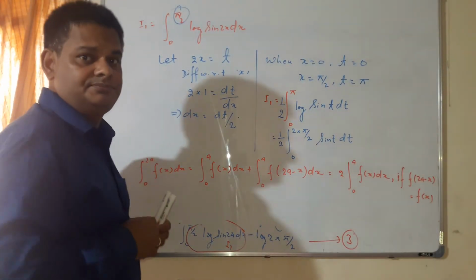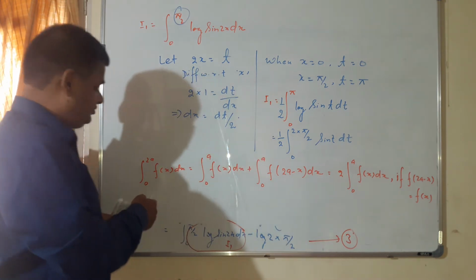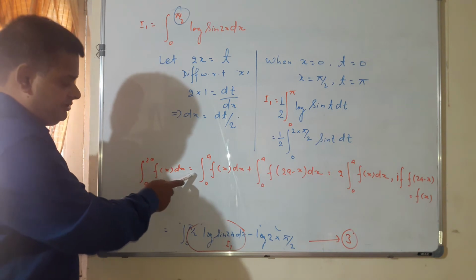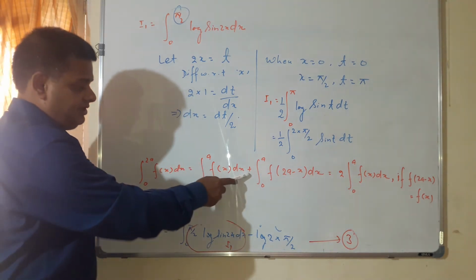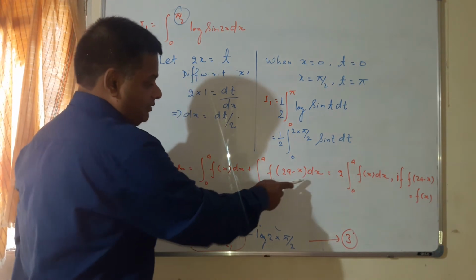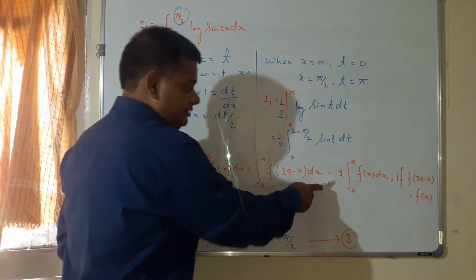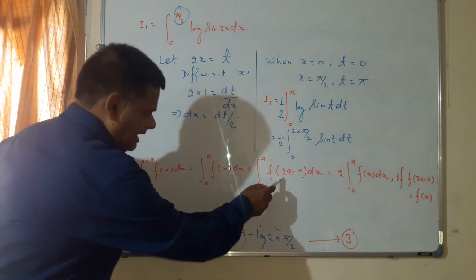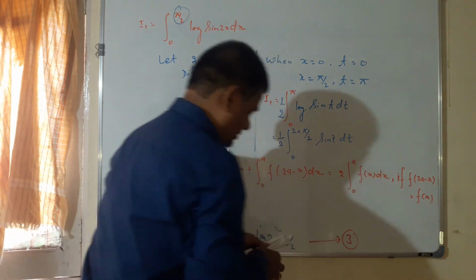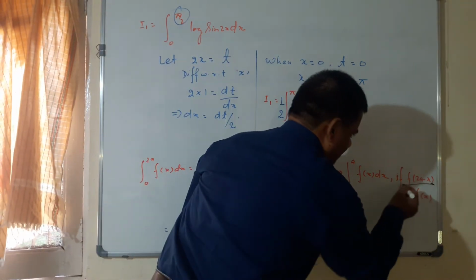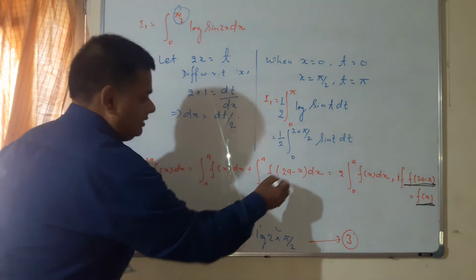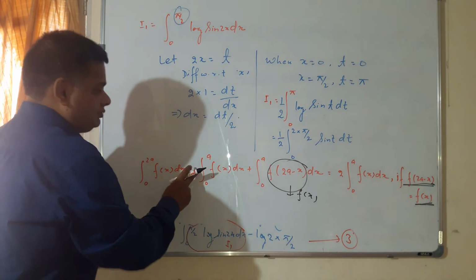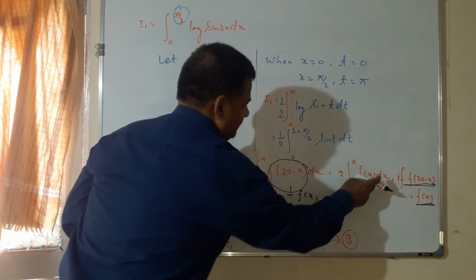I have already discussed this formula: integral 0 to 2a of f(x) dx is equal to integral 0 to a of f(x) dx plus integral 0 to a of f(2a minus x) dx. If f(2a minus x) is equal to f(x), then it becomes 2 times integral 0 to a of f(x) dx.